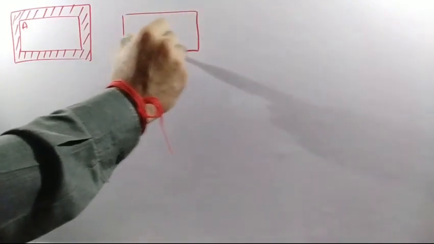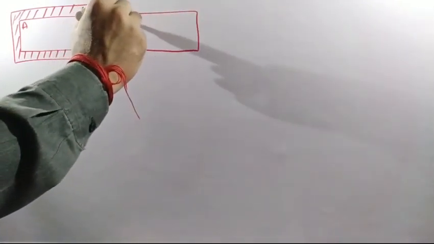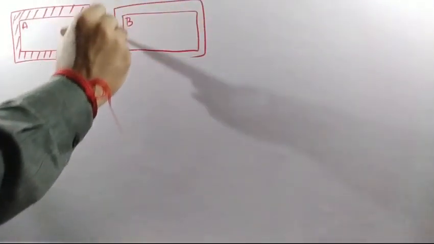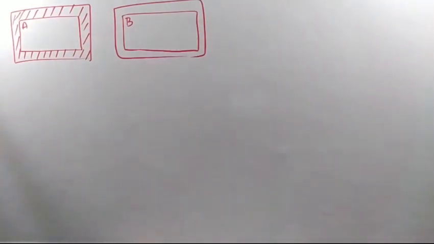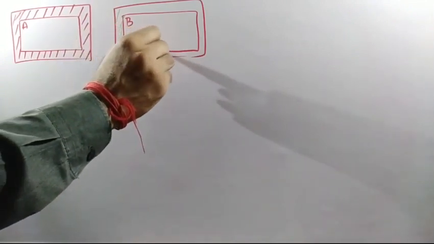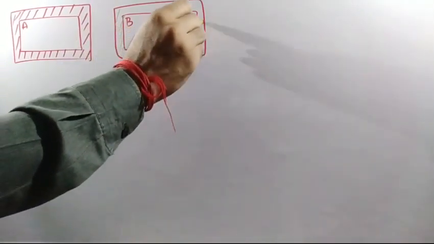Okay, and let us assume here I have one more system. What is the name of this system? System B. Clear? And for this system, again we have adiabatic walls. Here also we have completely adiabatic walls.